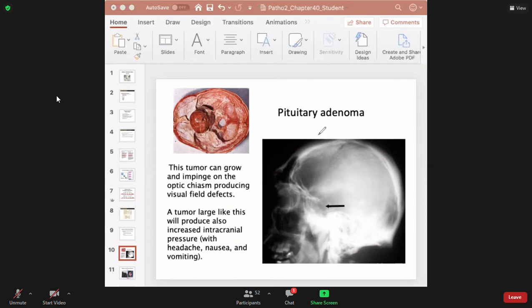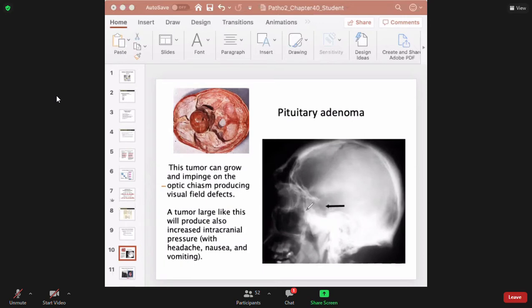Just like any kind of mass in the brain, there's really not a lot of space in the skull to maintain that much excess tissue. So it tends to impinge on and compress other brain structures, such as the optic chiasm, which could lead to blurry vision.